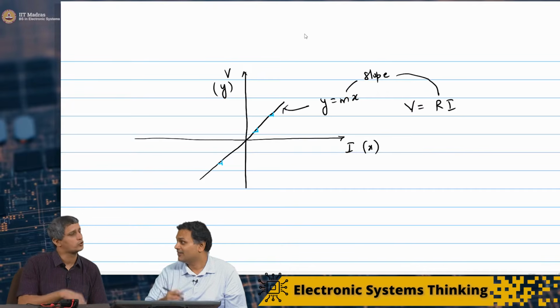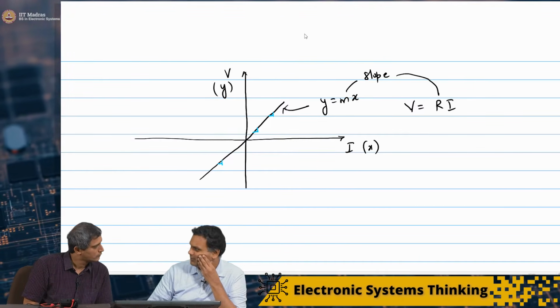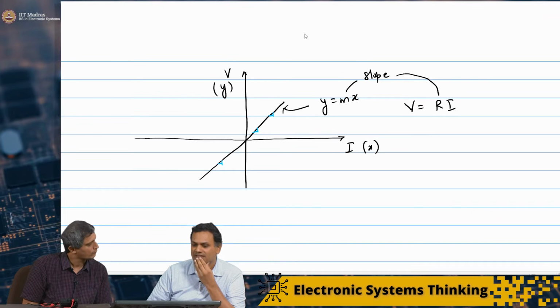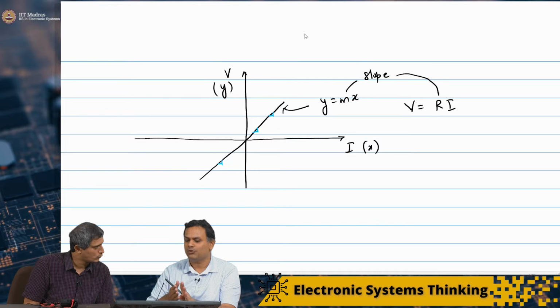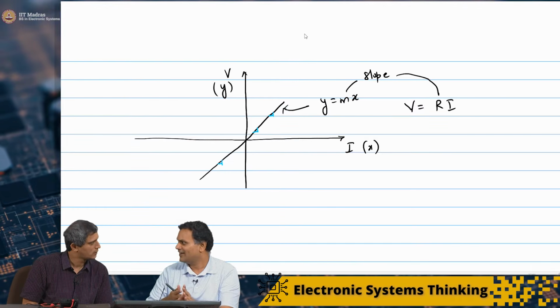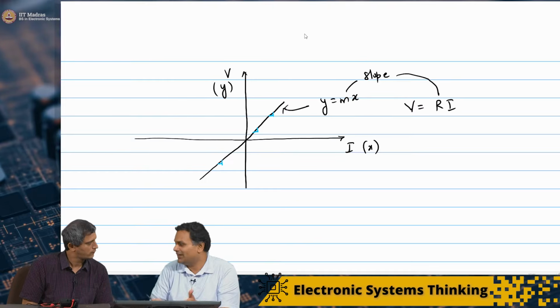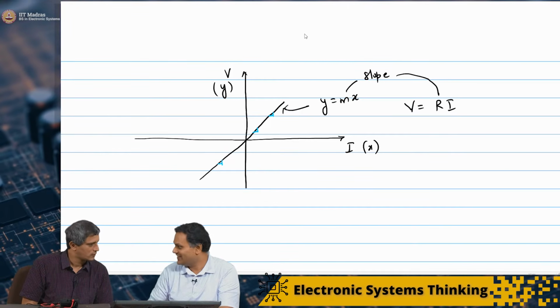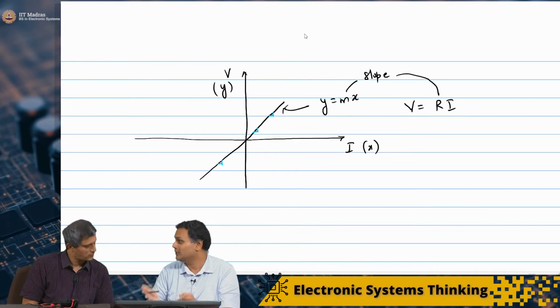Now, should it just be one resistor? That may not be true because we have seen in class that if you put two resistors in series, there is an equivalent resistance. For that simple network, we solved KVL and KCL and saw that it presents a resistive impedance also.